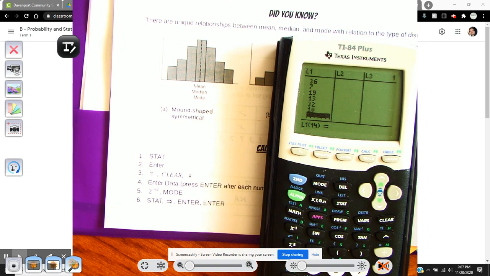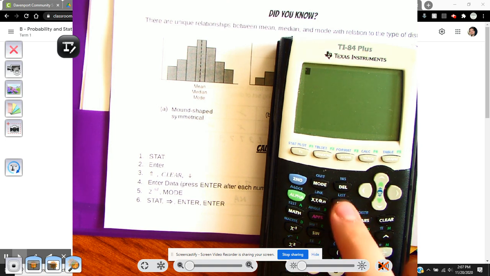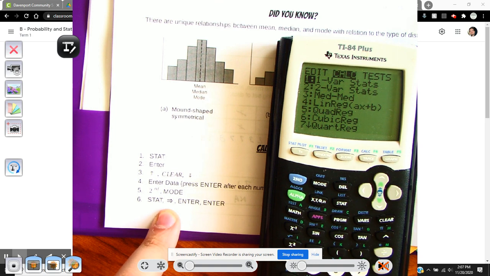Then it says hit second mode. Mode's right next to it. And we're going to hit stat. It says move over. And we're going to hit enter.